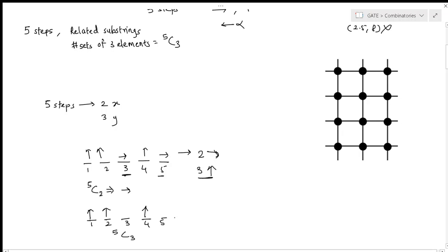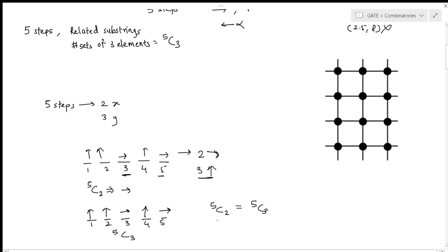If he chooses the 3 positions upward, and these are 1, 2, and 4, obviously we are remaining with 2 steps again, and we also have to take 2 steps in the rightward direction. So what choices do we have? We will have to take the right move over here. So no matter whether you write 5C2 or 5C3, you will get the same answer, right?